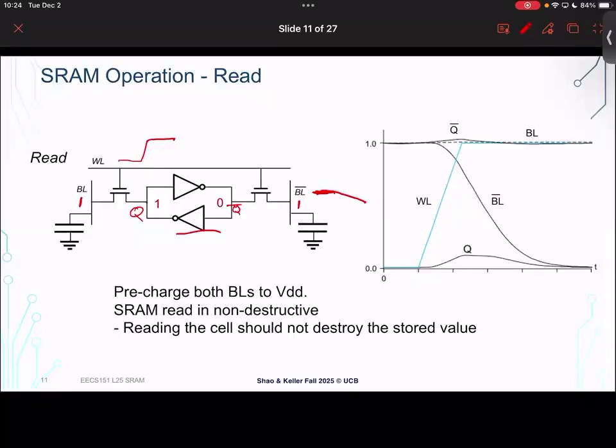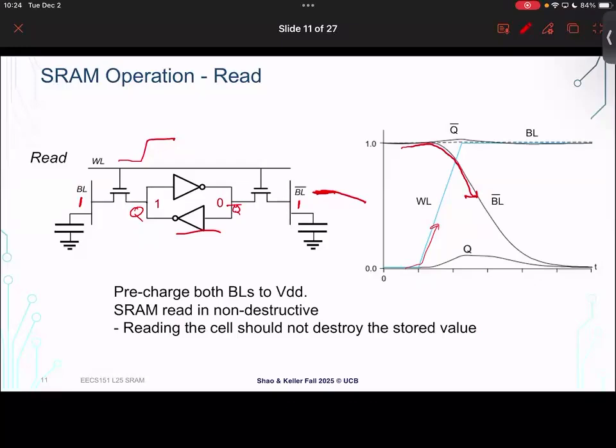Word line goes high, and the bit line starts to decrease very slowly. So that's pulling down the bit line, based on the NMOS in this inverter.